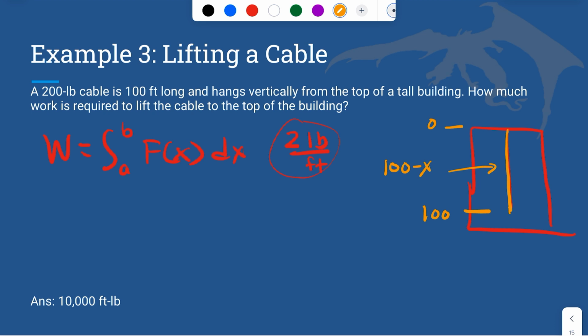So what the total was, 2x, we can think of this as 100 minus x as our distance. So our new force function would be f of x equals 2 times 100 minus x. When we set this up, we're going to get the same result. I challenge you to try it out and see what you get.